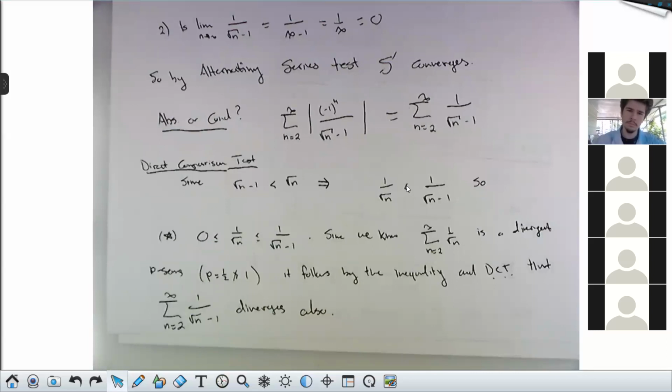And that means the original series had to converge conditionally. It converged, but it didn't converge absolutely.